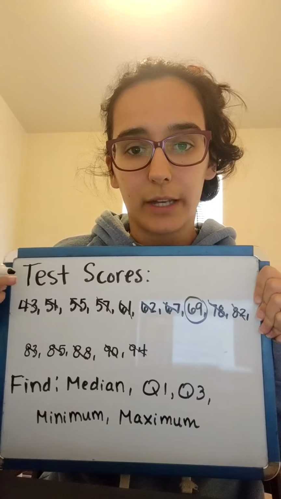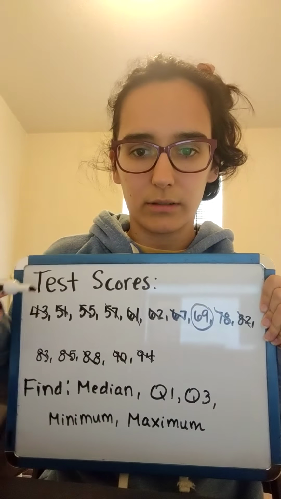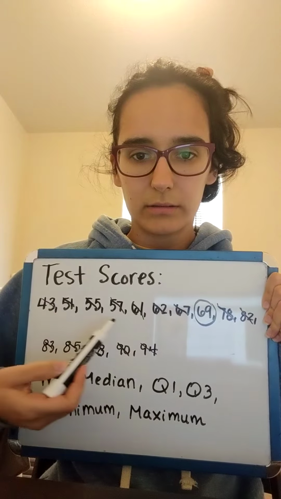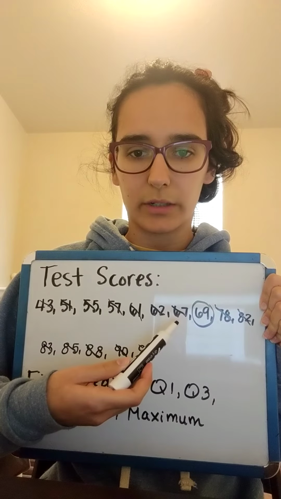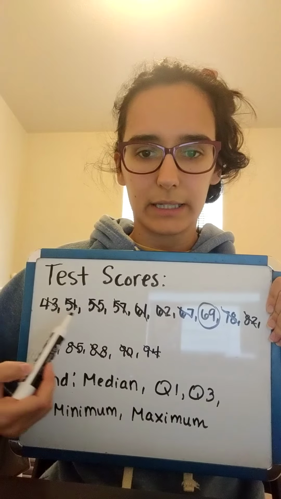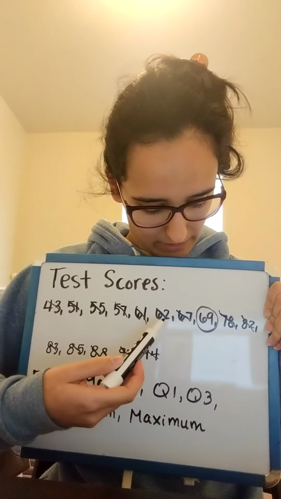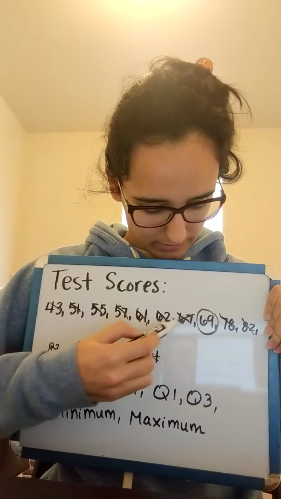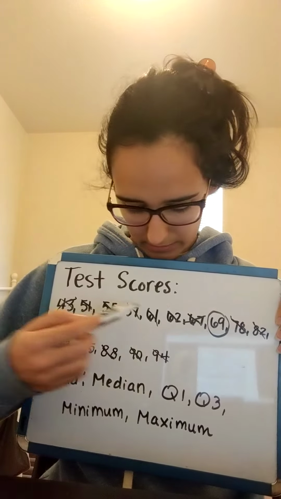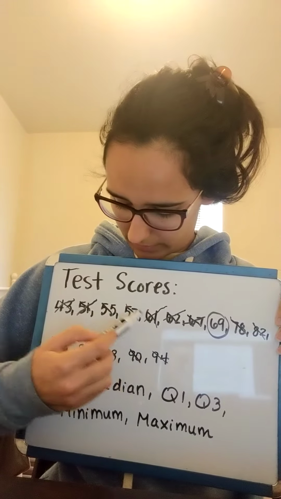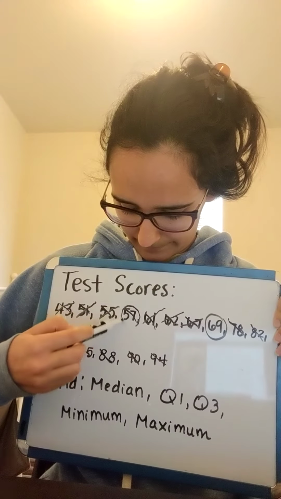Now we're going to find quartile 1. You look at the smaller numbers that lead up to the median, and we're going to see where the middle is of this smaller set of data. I'm going to cross it the other way: 67, 43, 62, 51, 61, 55.